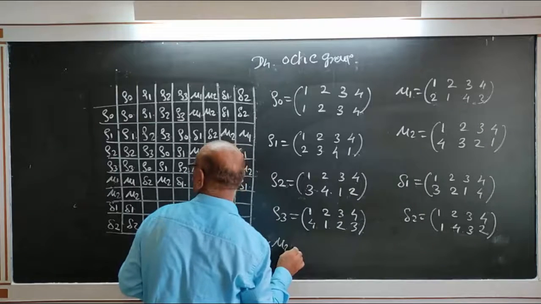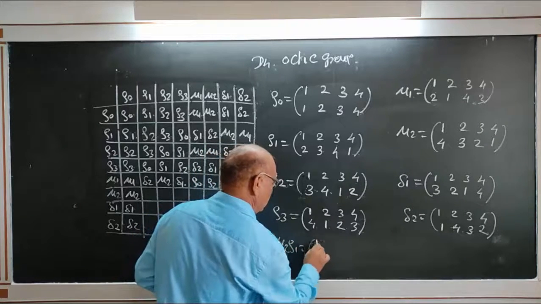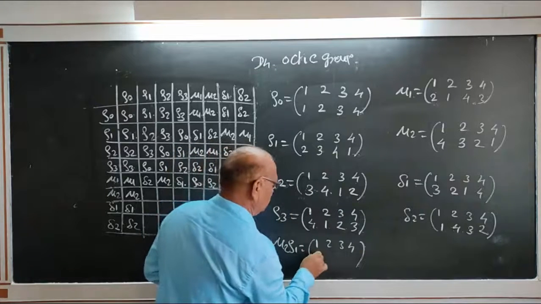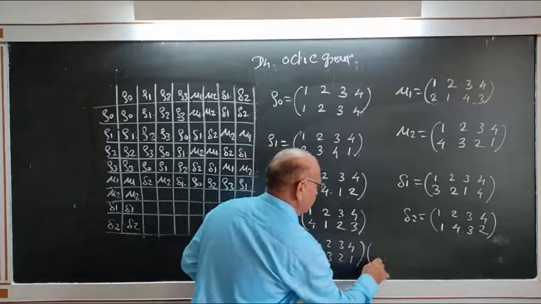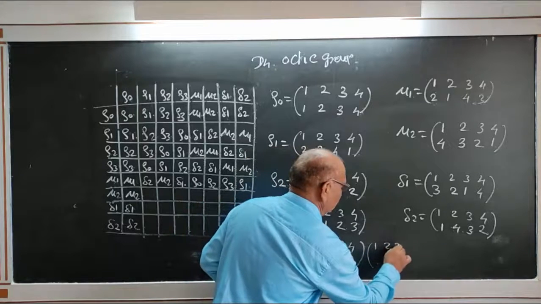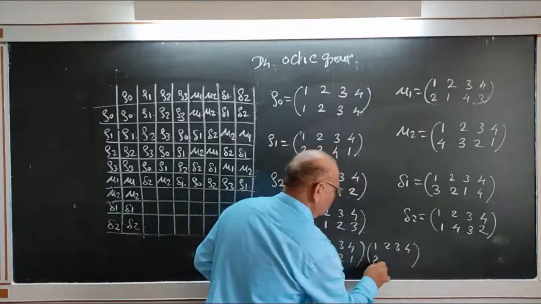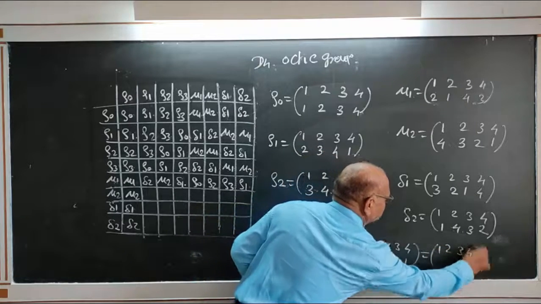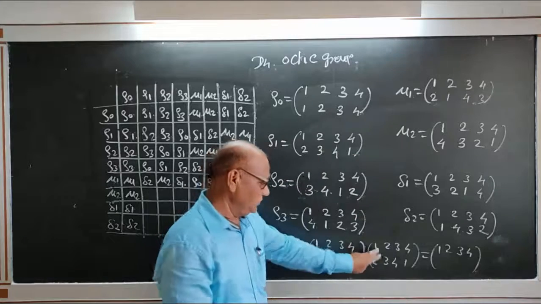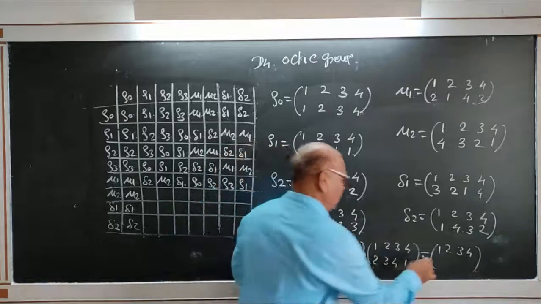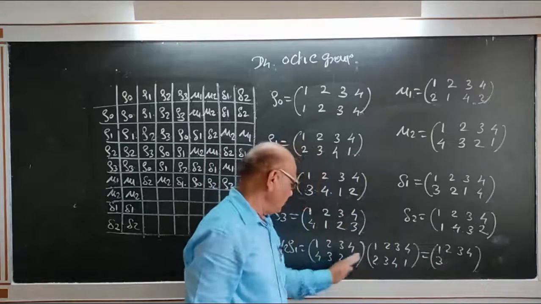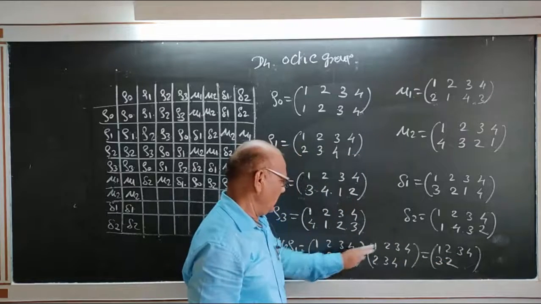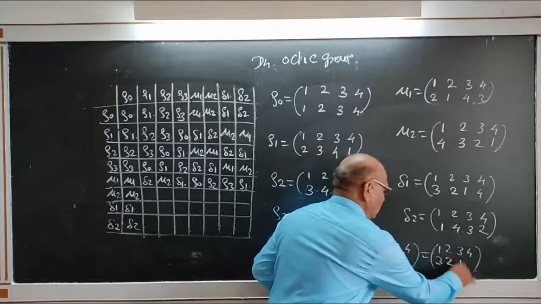Delta, mu 2 into row 1. 1, 2, 3, 4. Mu 2 is 4, 3, 2, 1. Delta is 2, 3, 4, 1. See here, 1 goes to 2. Here 2 goes to 3. 3 goes to 2. Here 3 goes to 4. 4 goes to 1.